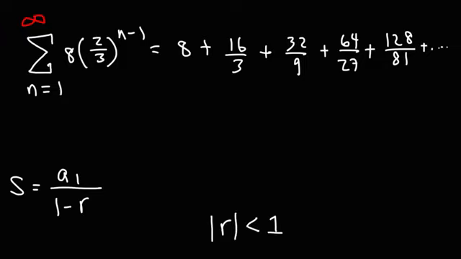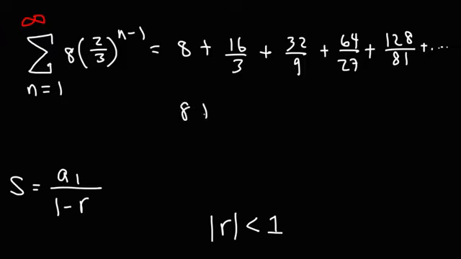If r is greater than 1, the sequence is going to continue to increase. It's going to get bigger and bigger. So it's not going to converge to a finite sum. But when r is less than 1, the numbers are getting smaller and smaller and smaller. And so the sum is going to converge to a number eventually.